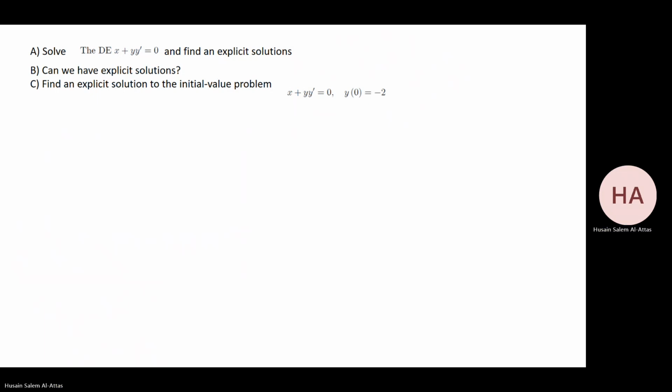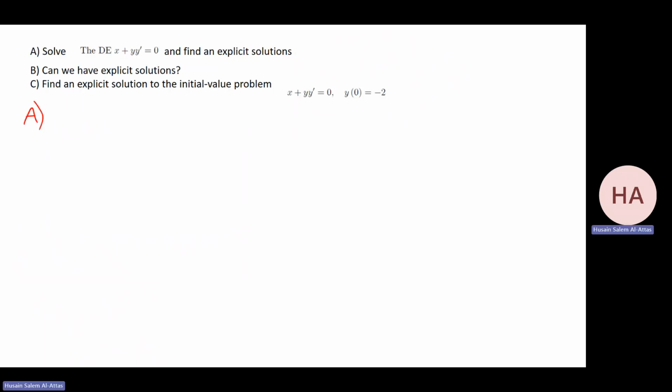This one. Yeah. Let me do part A. I have x plus y dy over dx equals 0. That implies y dy over dx equals minus x. That implies y dy equals minus x dx.